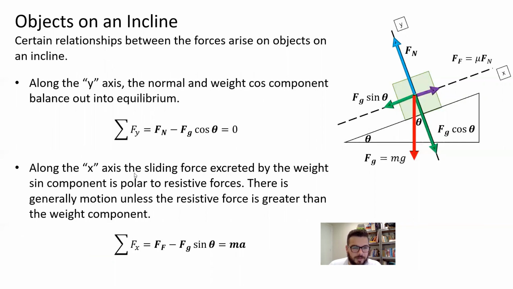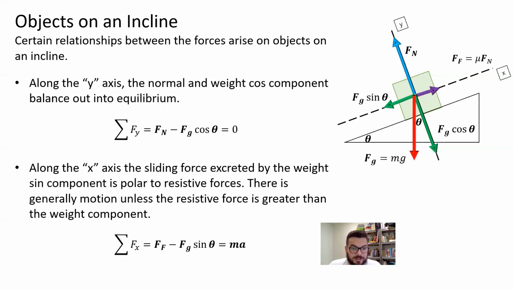And along the x-axis, we usually assume that there's going to be some kind of motion. That's why when you sum those forces up, you should have a net force. If you don't, that means that the forces are balanced and that the object is static. So in that situation, the forces would add up to 0.